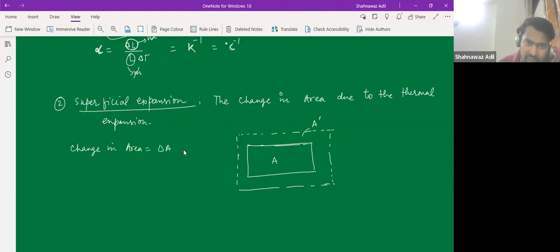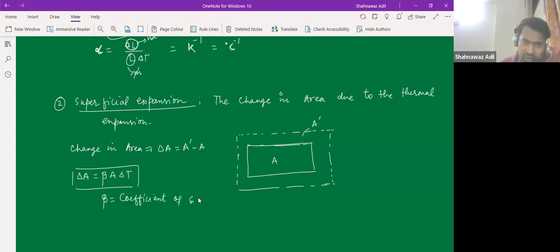That is delta A, which is A prime minus A. And this delta A is equal to, I will write directly, beta A delta T, where beta is the coefficient of superficial expansion.